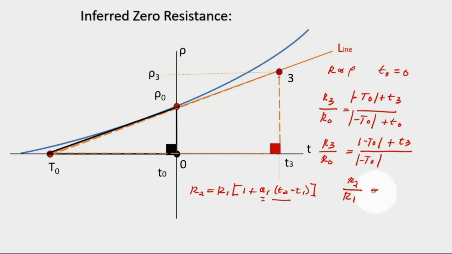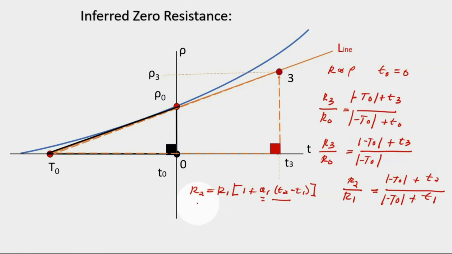So therefore, if you are to consider that, this will become again the absolute value of negative T sub O plus, since this is temperature 2, we write T sub 2, and again the absolute value of negative T sub O plus, since this is at temperature 1, that is T sub 1.